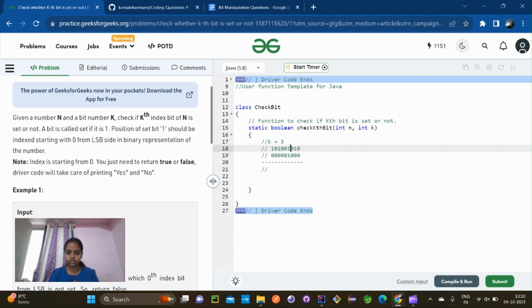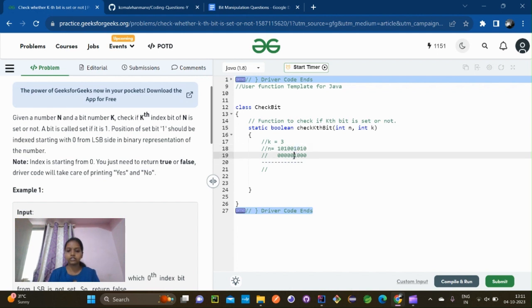Here n is given, let's say this is n. And this is the binary representation of a number which I am considering to check if the kth bit is set or not. At the kth position in the second number, there is a 1.